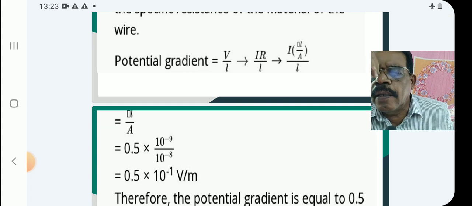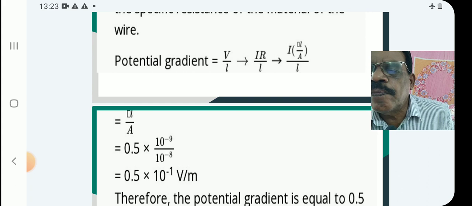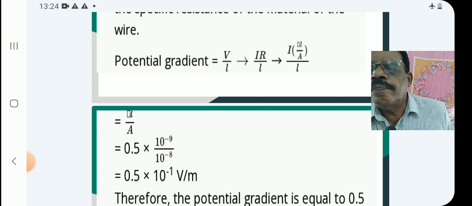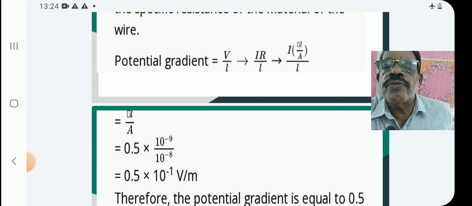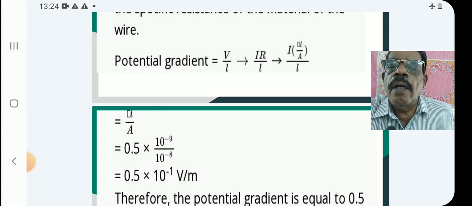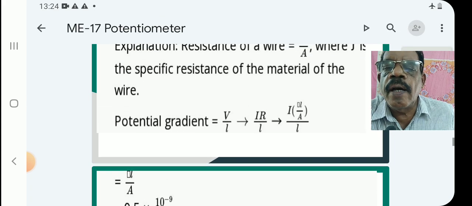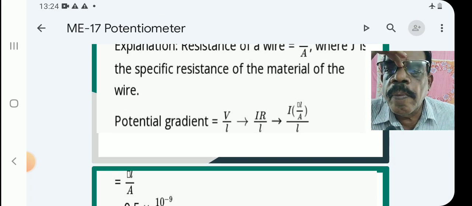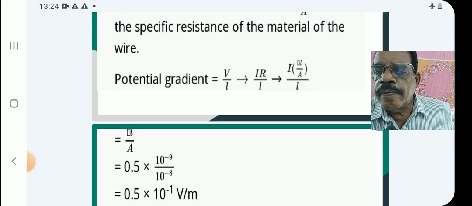We get potential gradient equal to I rho by A. I into rho L by A by L, that is I rho by A.